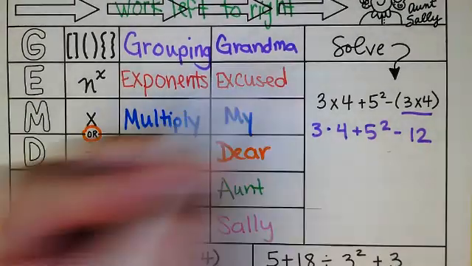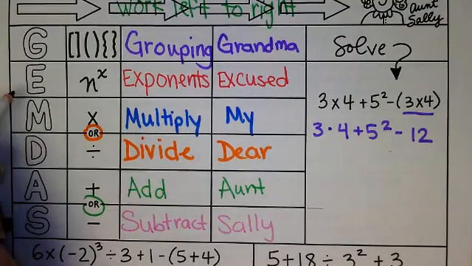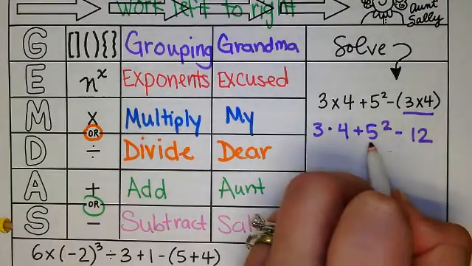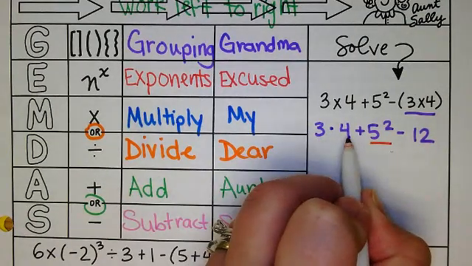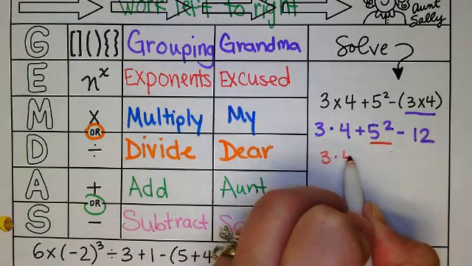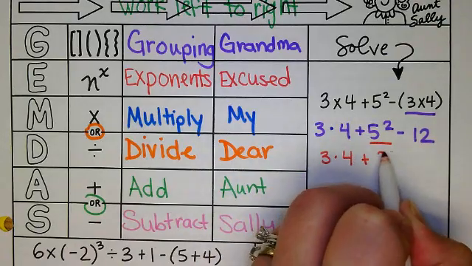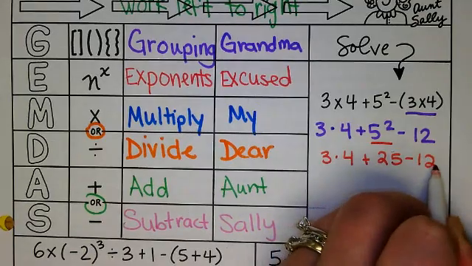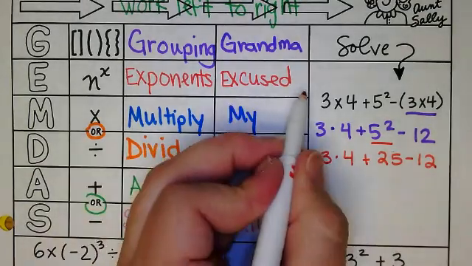Okay, so we're done with our grouping. Now moving on to exponents. I do see exponents. 3 times 4 plus 5 squared. Again, I'm doing every step individually so you see where it's coming from. So we're done with our exponents.